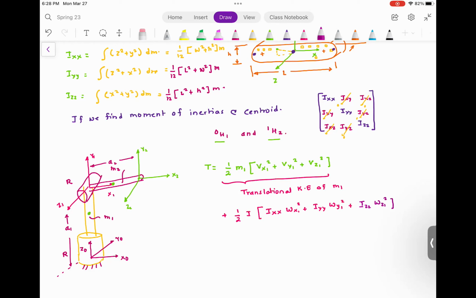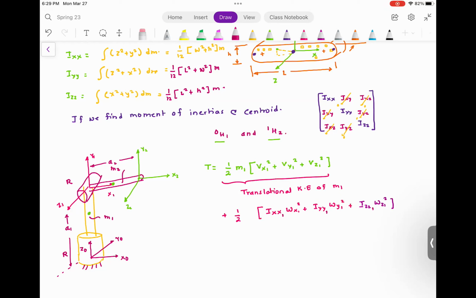So what I want you to understand is this is the first cylinder rod, so Ixx1, Iyy1, Izz1. This is the kinetic energy of the first mass.